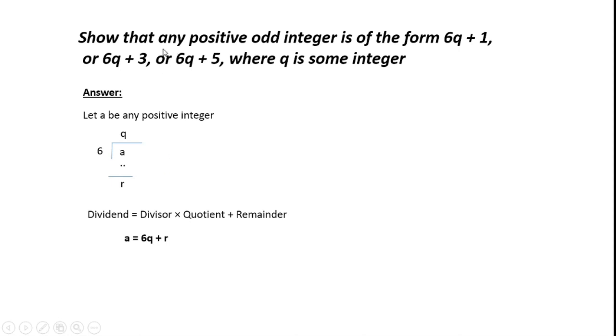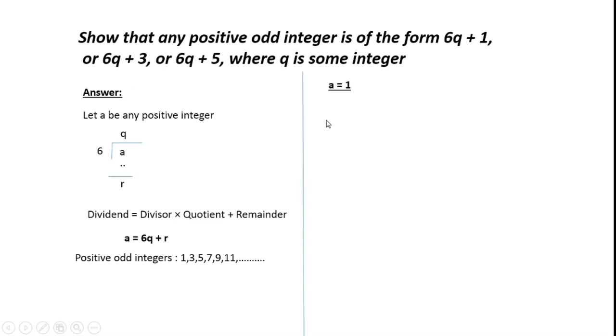In the question it says any positive odd integer. What are the positive odd integers? The positive odd integers are 1, 3, 5, 7, 9, 11, etc. Now we can consider them one by one and check whether the condition is correct or not.